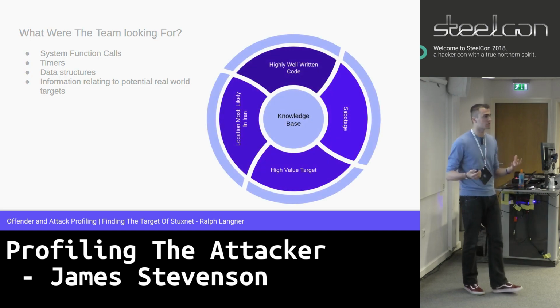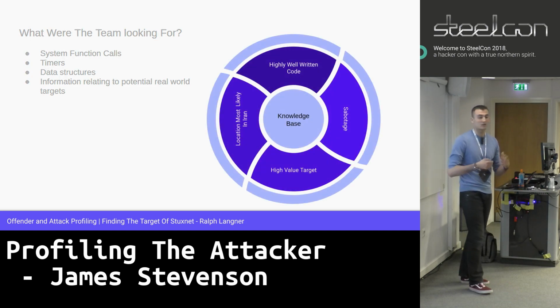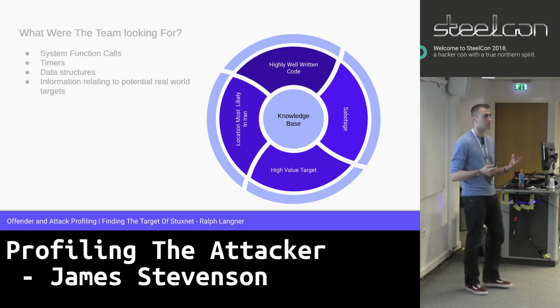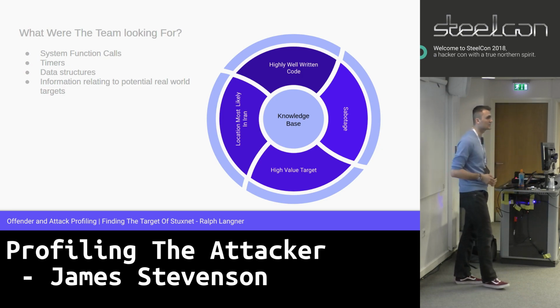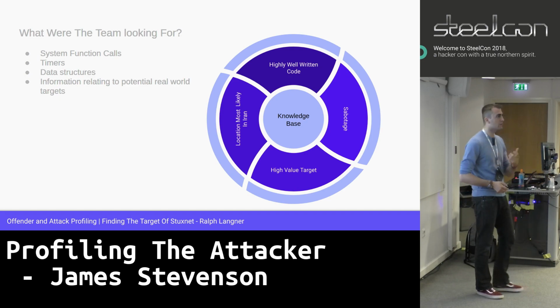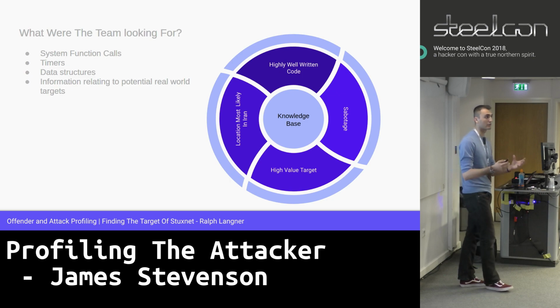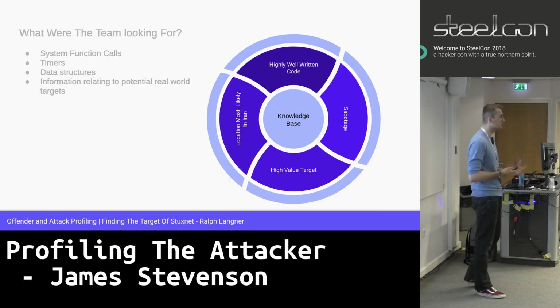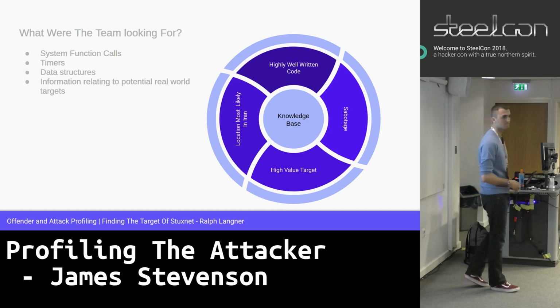And then they made their own knowledge base. So they said, well, it's highly well-written code, it's probably sabotage, it's got a high-value target, and to be honest, the target is most probably in Iran. And this just shows us how we can use offender profiling for other areas, how we can use the techniques in other areas, and it's not just about profiling our attackers.